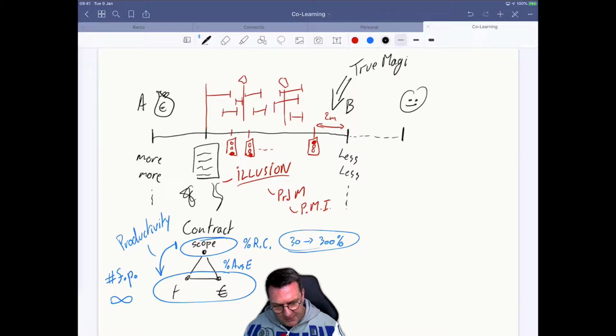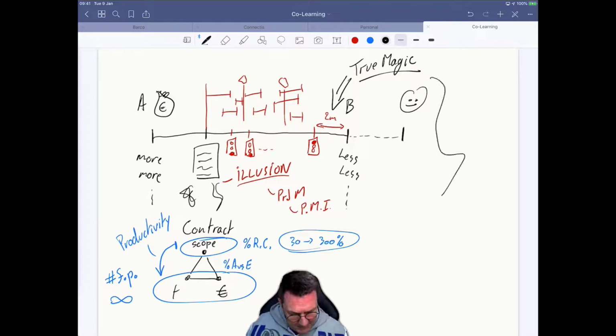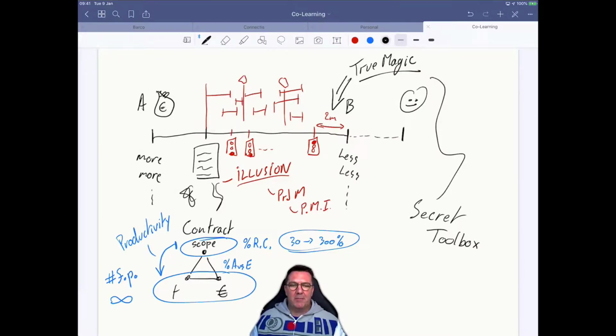And I really say true magic, because engineers like myself have this amazing secret toolbox to make true magic happen. The secret toolbox is the quick and dirty approach. So instead of coding according to the design patterns, we just go ahead, quick and dirty.